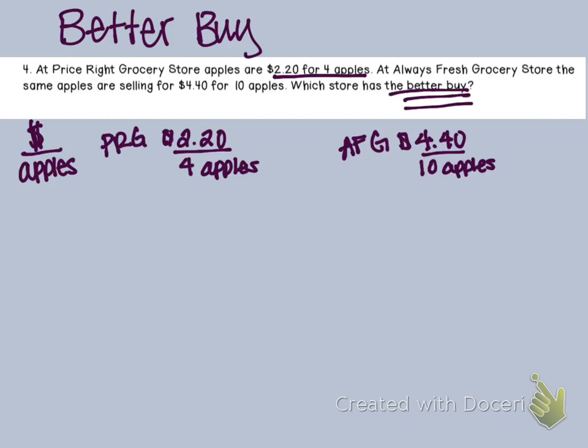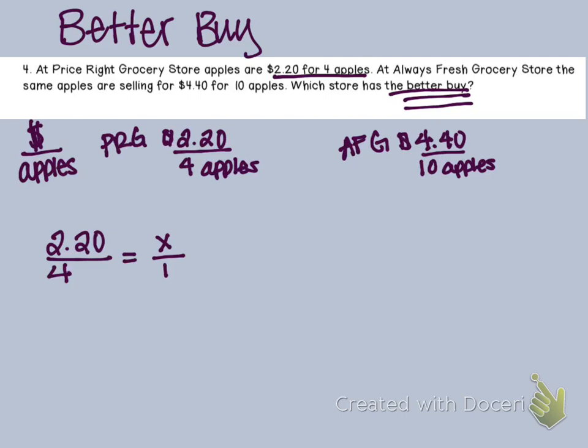So we're going to compare prices. And in order to compare prices to see which store has the better buy, we have to have per 1. So we have 4 apples and 10 apples, and we need per 1 apple. So we're going to set these up in a proportion. So we're going to go $2.20 per 4 apples is equal to, we don't know how much money 1 apple is.